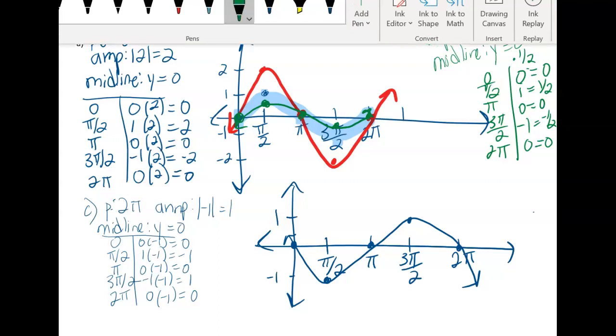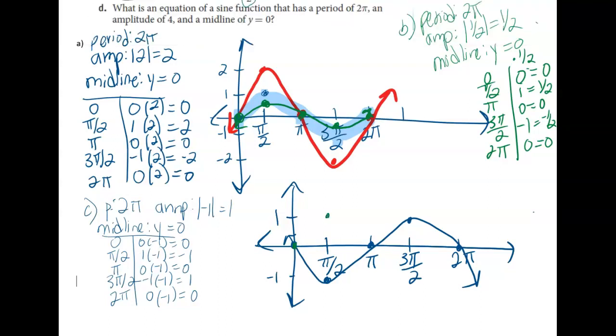And so we can get that parent function back in there. That would normally go up to 1, 0, negative 1, 0. So it doesn't look all that different. Our high-lows have just flipped. Zeros are still in the same spot. So hopefully this is making sense. To vertically stretch your sine graph, you multiply the parent function, the y values, by a.